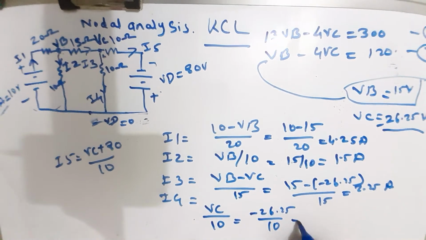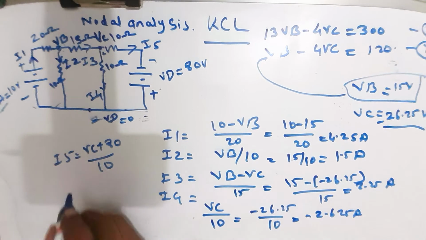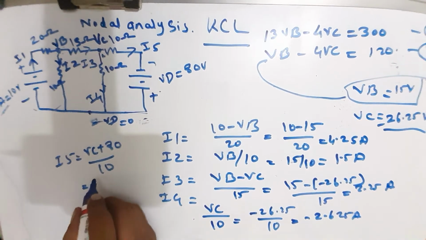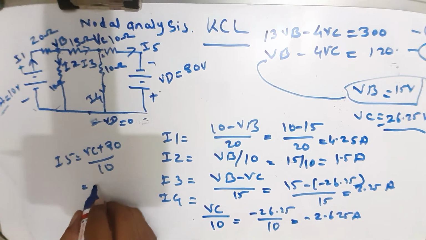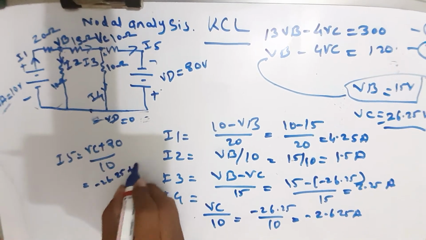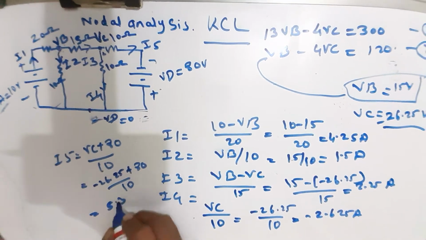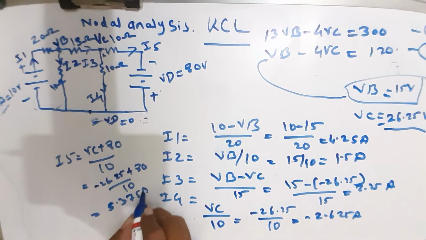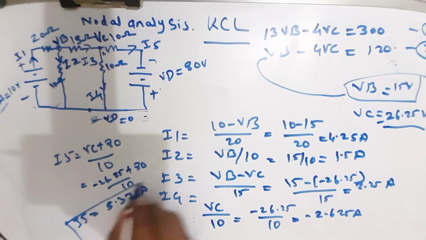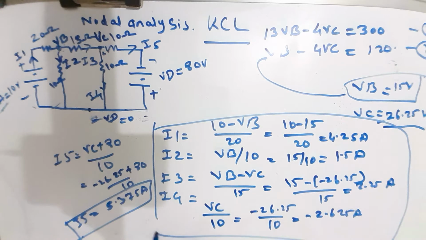So here it will come minus 2.625 amperes. Similarly here VC plus 18, VC is minus 26.25 plus 18 divided by 10. So it will come 5.375 amperes I5. So this is what, here we have the I1, I2, I3 and I4.